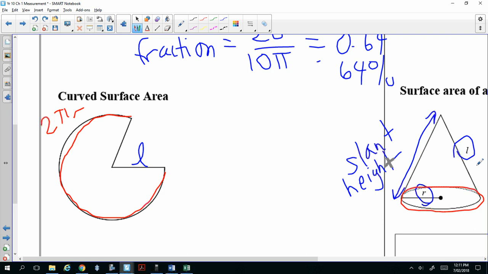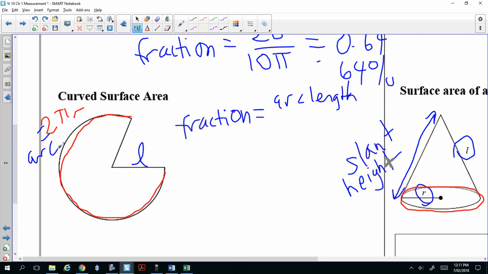And the fraction will be the arc length over the total circumference.